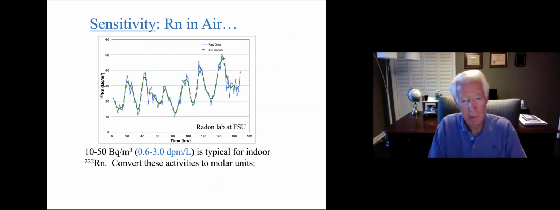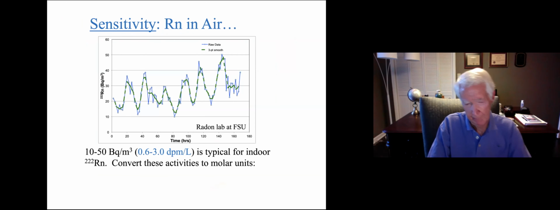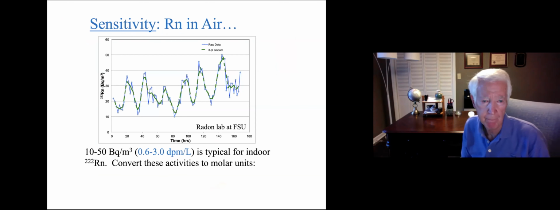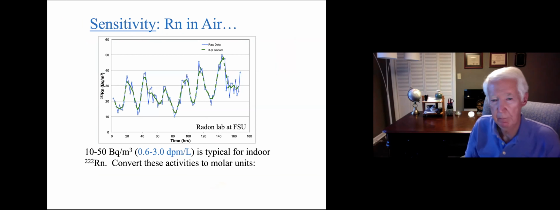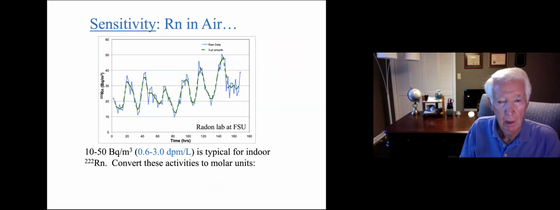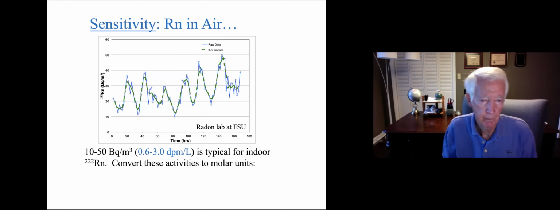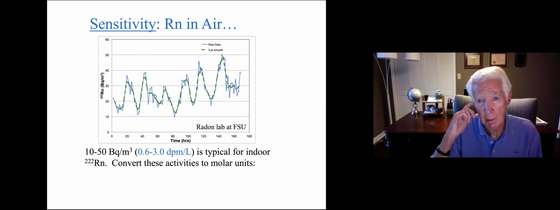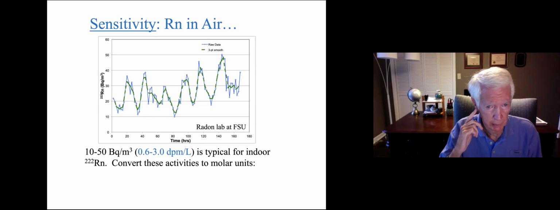All right, so I wanted to say something about sensitivity, and as an example, I'm showing this record. This is a week-long record of radon in air in one of our labs at FSU in the old building. You can see there's a nice diurnal signal here. And by the way, the green is a 3-point smooth and the blue is the raw data.